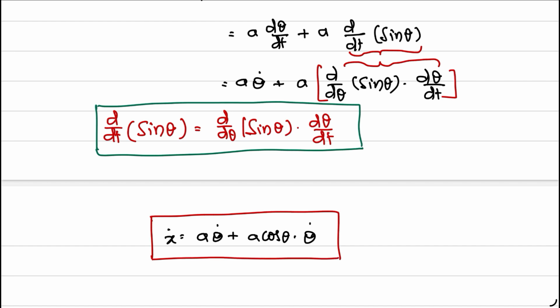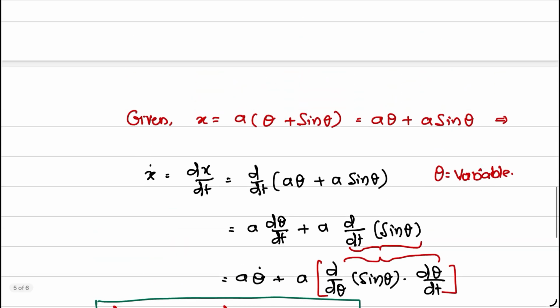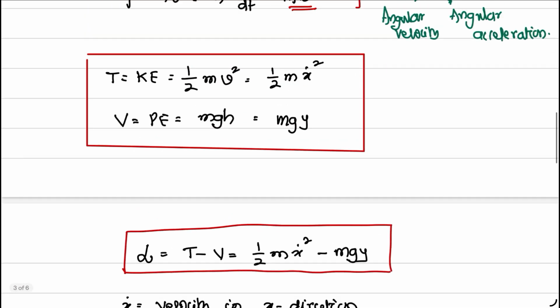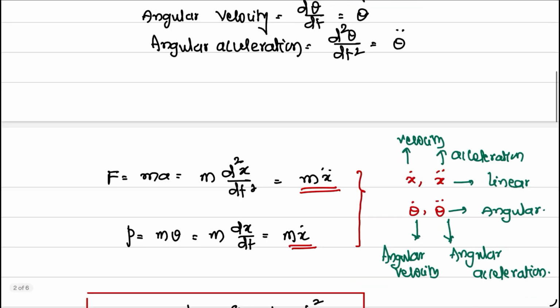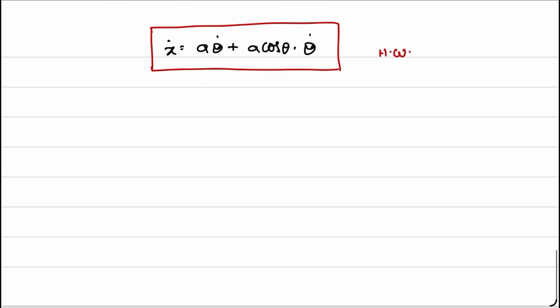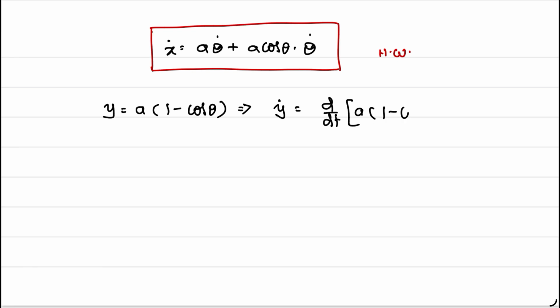Now similarly, as homework, you find out y dot. What is y? Y is given as a into 1 minus cos theta. That implies y dot is equal to d/dt of a into 1 minus cos theta.